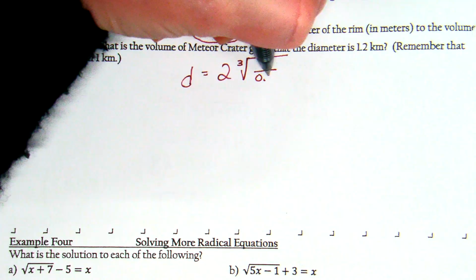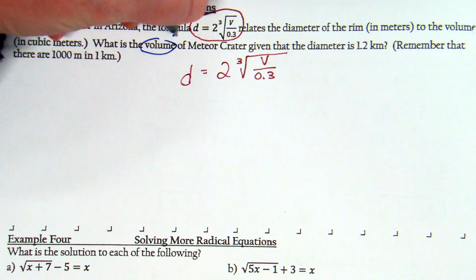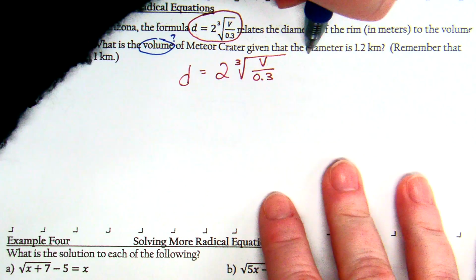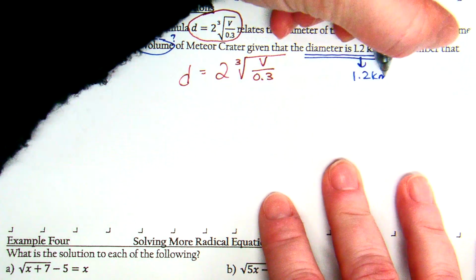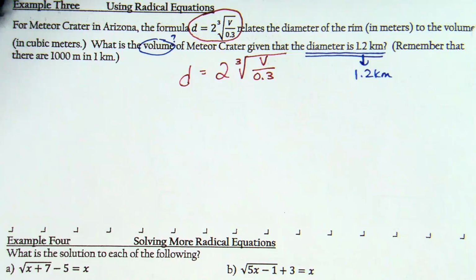What else can we identify in this problem? Okay. It says, what is the volume? So that means we're looking for V. And it gives us the diameter. The diameter is 1.2 kilometers. Now, what did it say specifically about diameter in this problem?